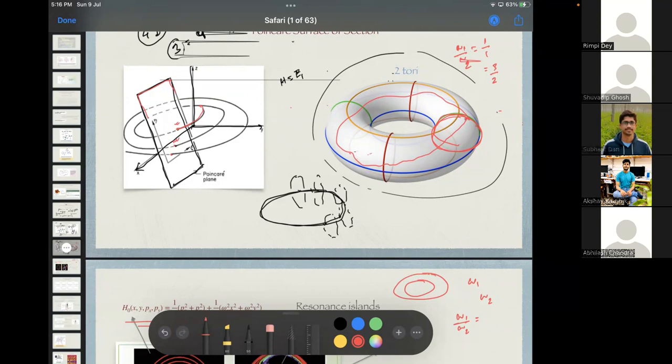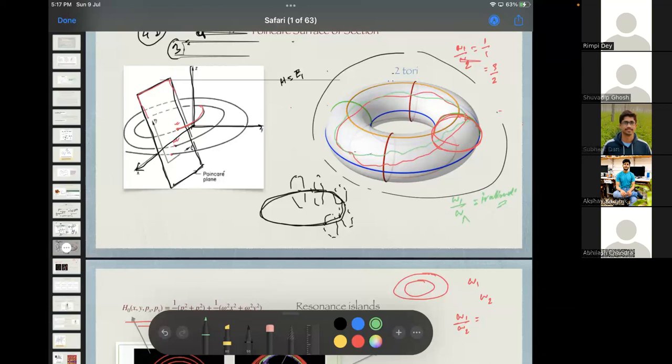But if omega 1 by omega 2 is an irrational constant, and you start from this point, then the trajectory will move around and go infinitesimally closer to this point, but not exactly this point, because you can approximate an irrational value infinitesimally closely by a rational value, right?